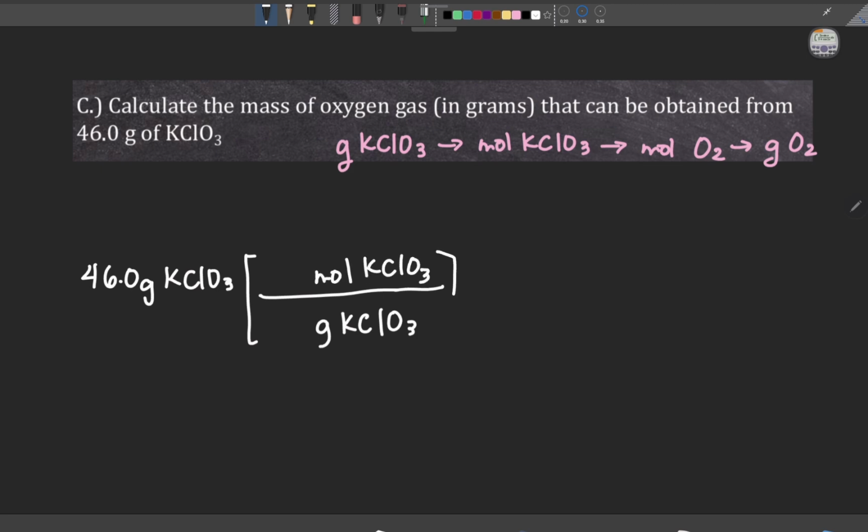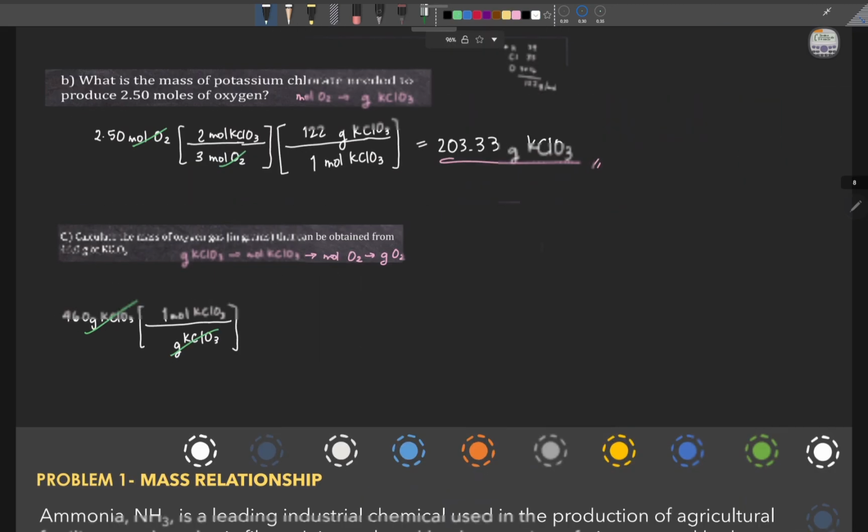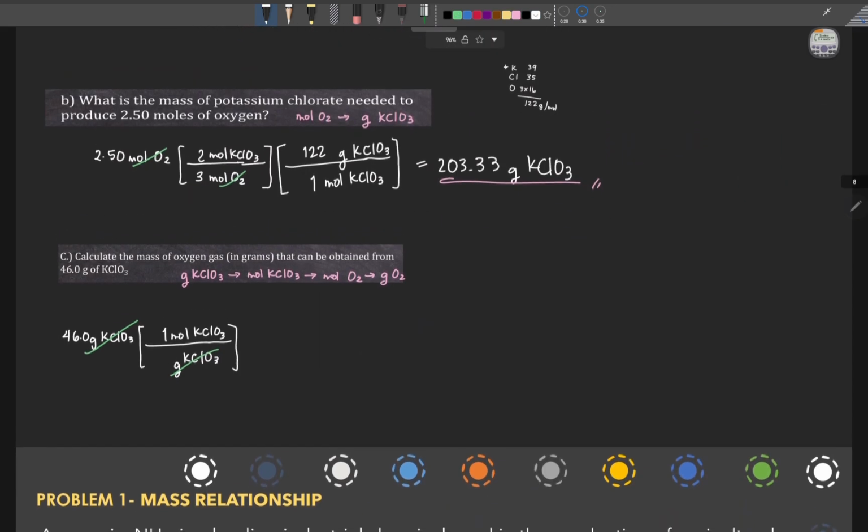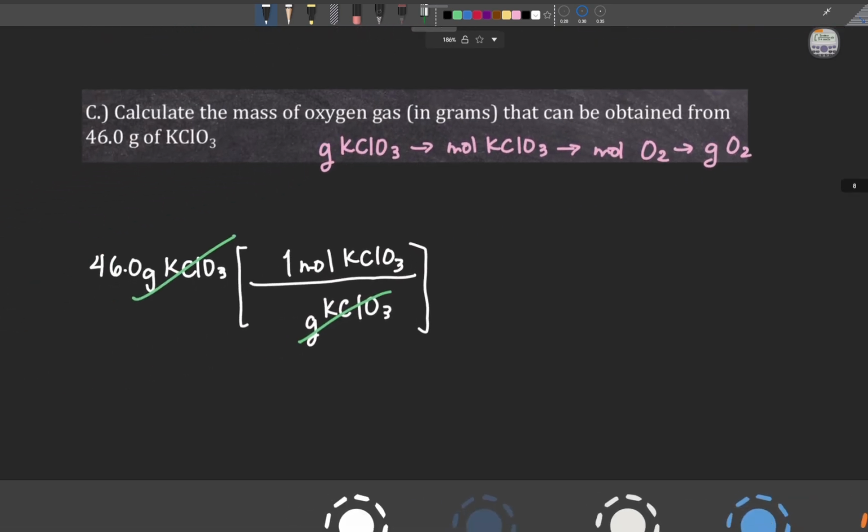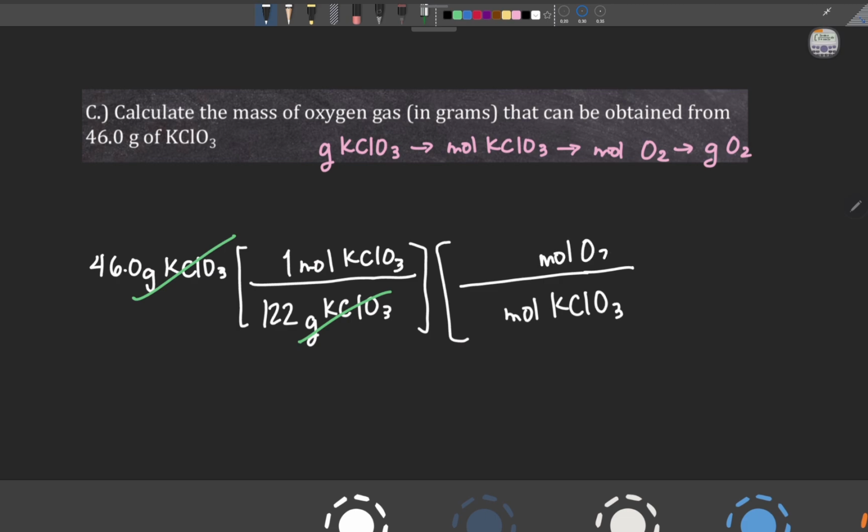How will you know which will be placed in the denominator? Take note that you have to cancel this, so it should be in the denominator. Okay, so for every 1 mole, the mass is 122. So 1 to 122. And then we have to convert next the moles of KClO3 to moles of O2.